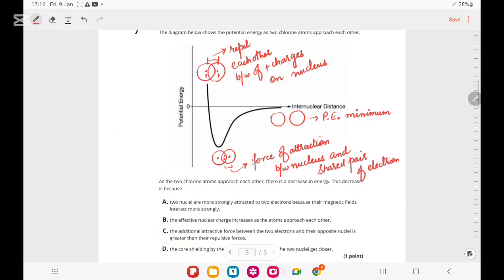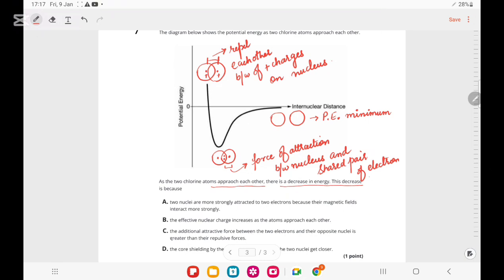And here they are saying that as two chlorine atoms approach each other, there is a decrease in energy. This decrease is because, first, there is a force of attraction developed between the nucleus and the shared pair of electrons.